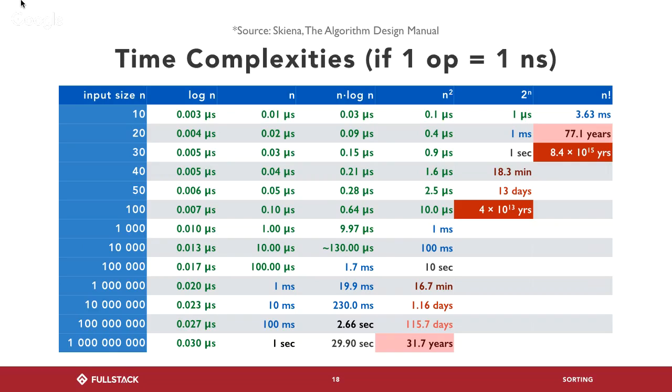So we're looking at 1 million items. If we look at log n, pretty fast. If we look at n, 1 millisecond, it's not that bad.